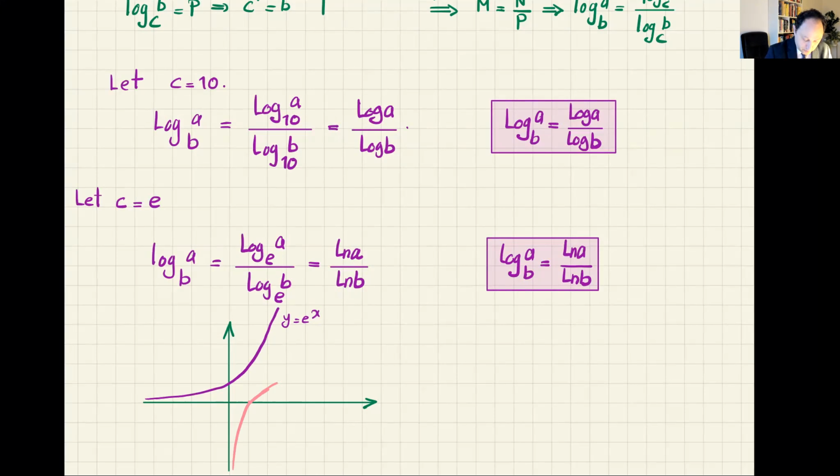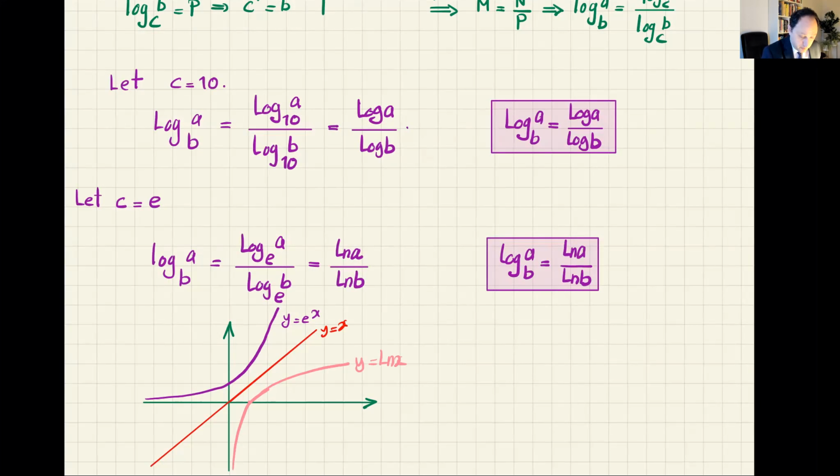But if I draw them carefully, they should be mirror images. This, of course, doesn't work. I need to use GeoGebra. Might be I will do it next time. So if I draw the bisector here, this is y equals x. If I draw it very carefully, so this is the graph of y equals ln of x.